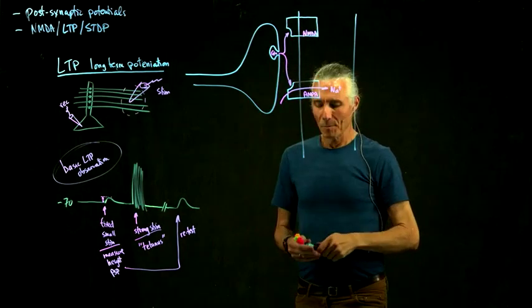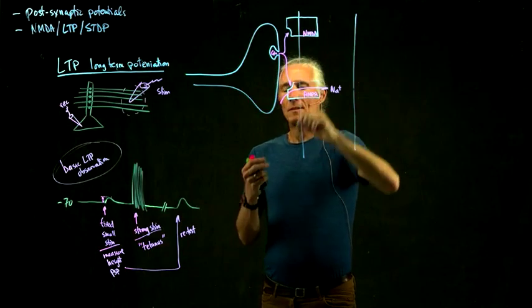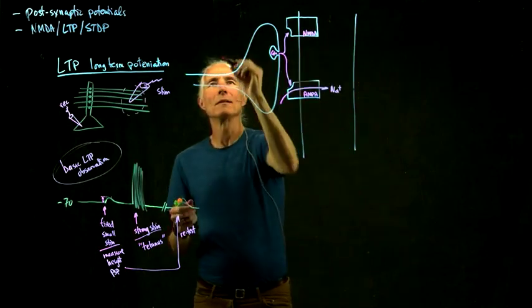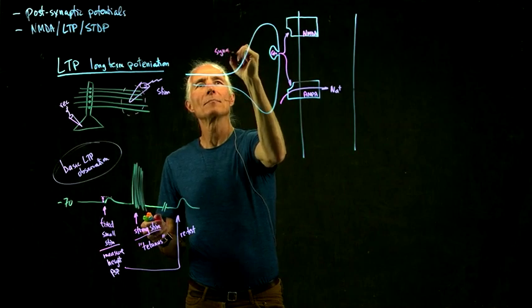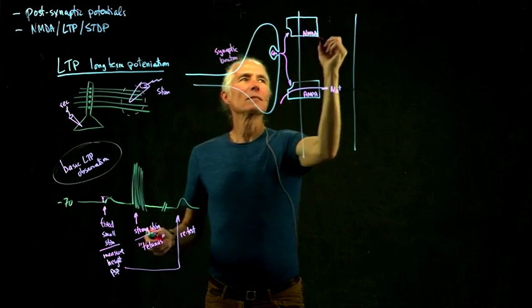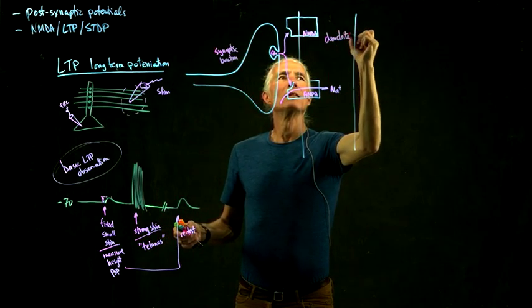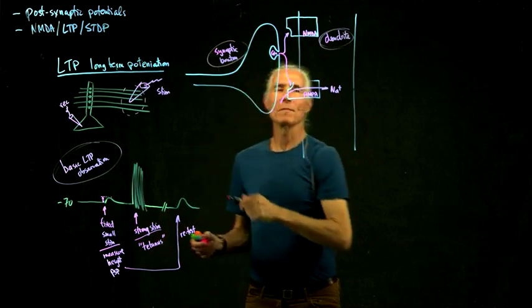I forgot to label this. This guy's the dendrite over here. So this is the synaptic bouton, and this guy's dendrite.